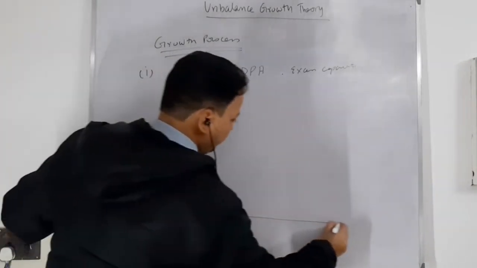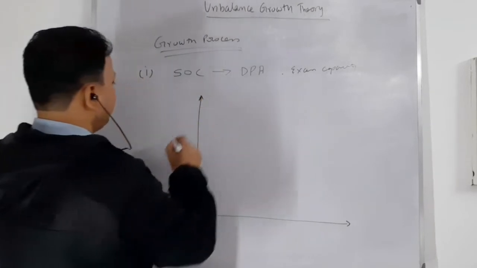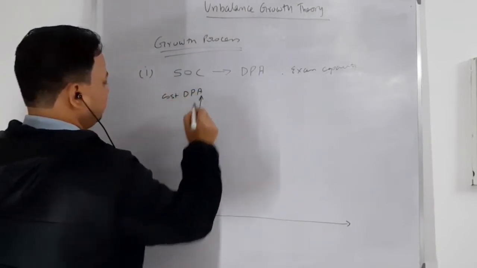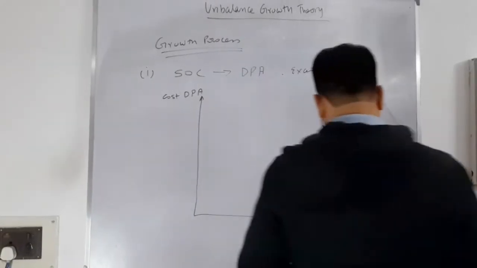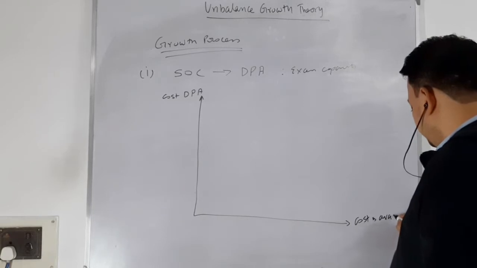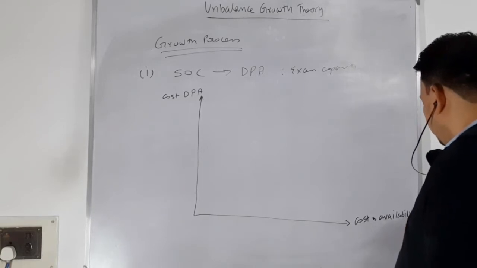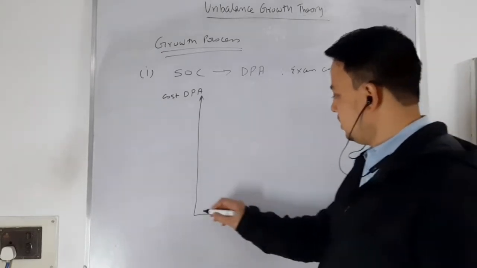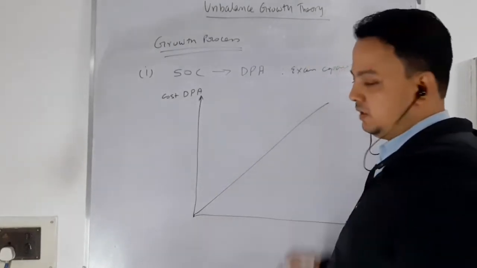Here you take cost of direct productive activity, and here cost and availability of social overhead capital.